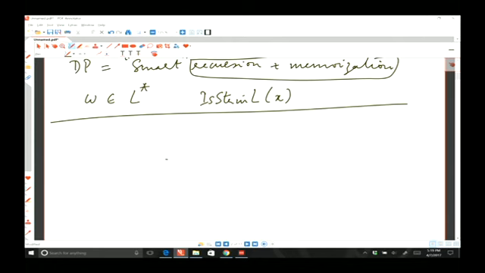I solved the more general problem of: given a string W and some language such that I have a routine which tells me whether a string is in that language, I showed you how to solve the problem of whether this string can be broken up into k strings that belong to the language. Is W in L to the k, not L star, but W in L to the k? So if I can solve this, how can you solve this problem?